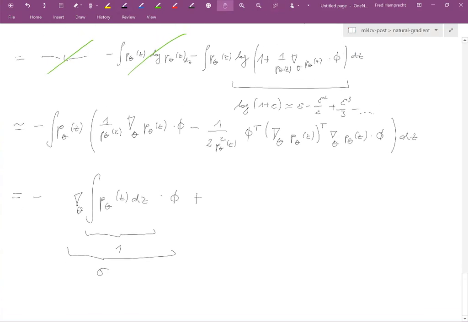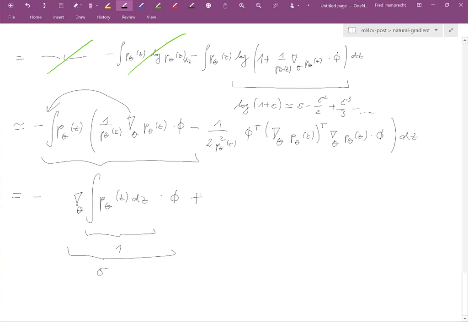And on the other hand, we have an integration with respect to z, but these phi's do not directly depend on the z's, so I can pull them out. So this was the first term here, where the integration was with respect to z, but the gradient was with respect to theta. And so subject to some regularity and hand waving, we can pull this out, and that gives us the thing on the bottom.